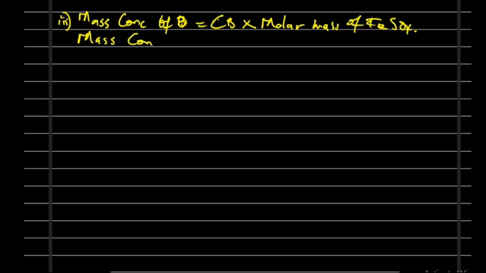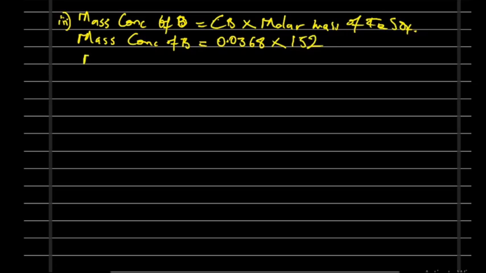So we have the mass concentration of B equals the molar concentration, which is 0.0368, times the molar mass of iron sulfate, which is 152.